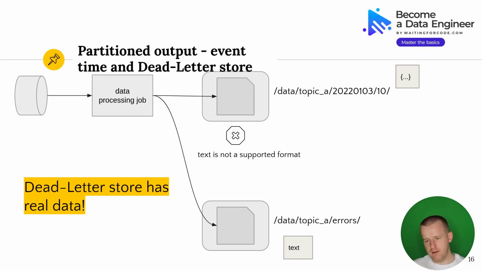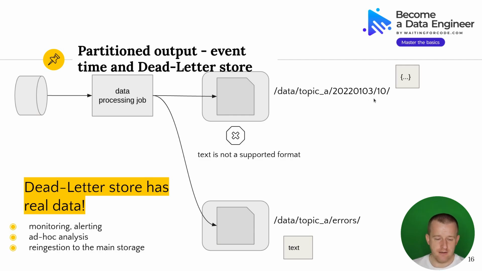If you have a small bunch of records, maybe it's fine to simply ignore them, delete them from the dead letter store. But if you see that the ratio between your valid and invalid data is like 1 to 2, then 50% of data is a lot. So you may need to have a data re-ingestion job to this correct data storage.